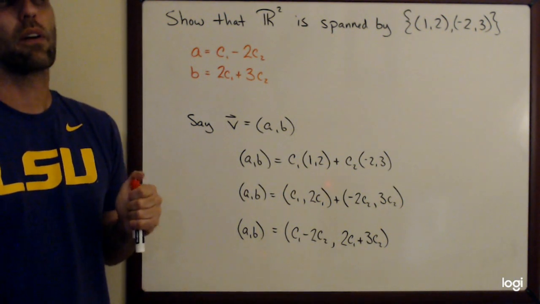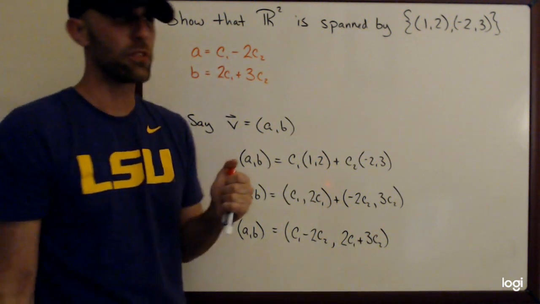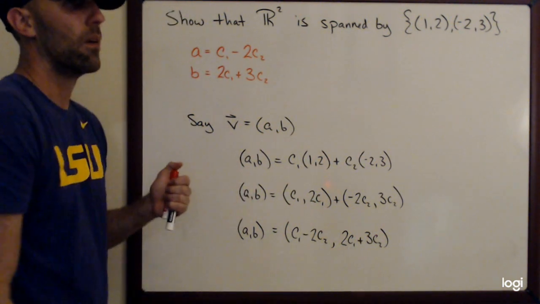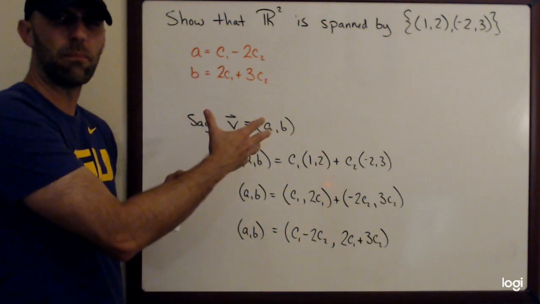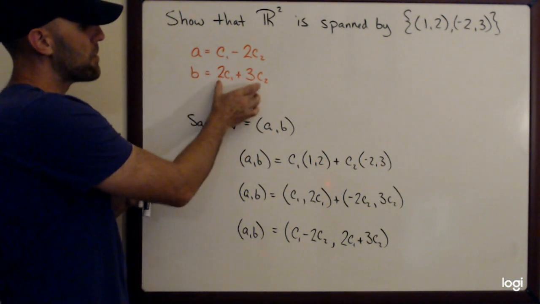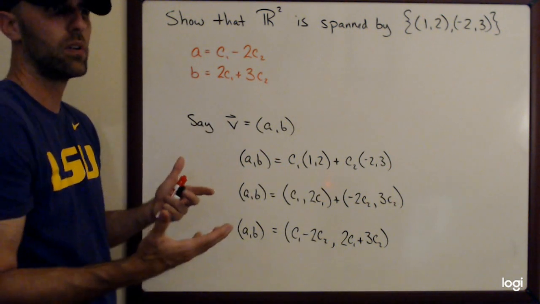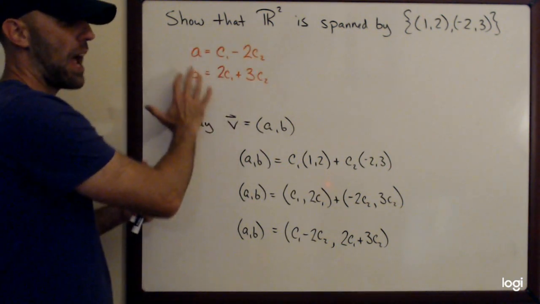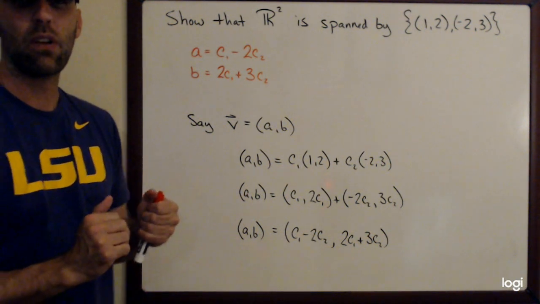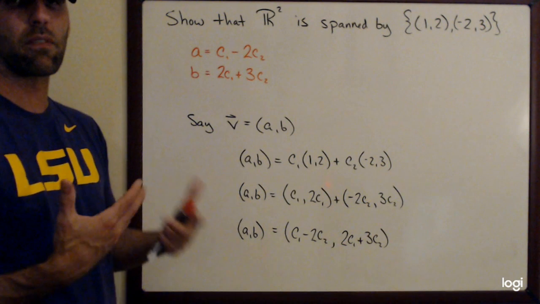Well, how do I verify that? It's pretty easy actually. This is a linear system. If this representative matrix has rank 2, won't this system have a unique solution for every possible choice of A and B? That's part of our invertible matrix theorem.